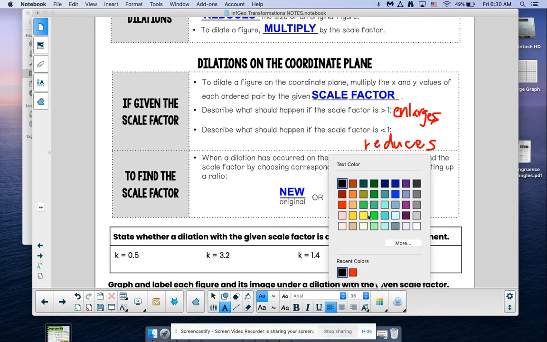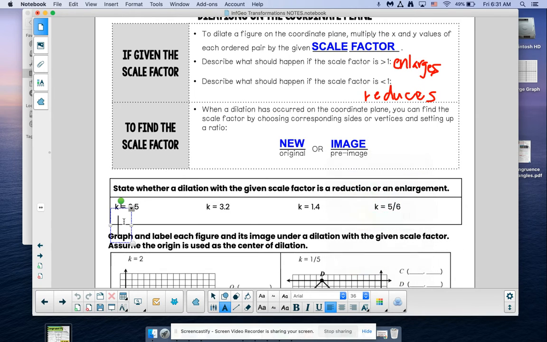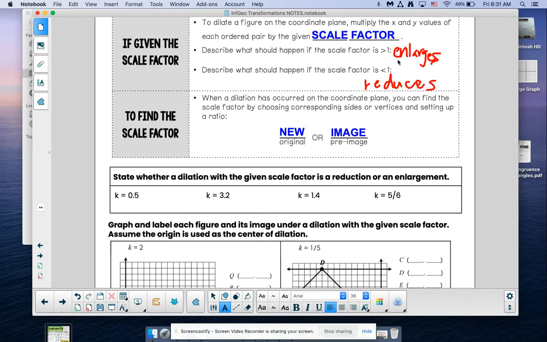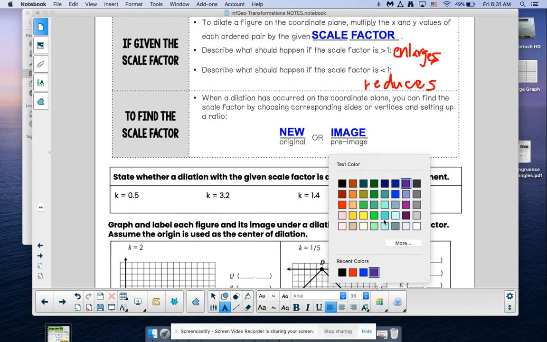So let's see what we can do here, folks. If we have a scale factor of 0.05, is that going to enlarge or reduce? It's going to reduce it, right?